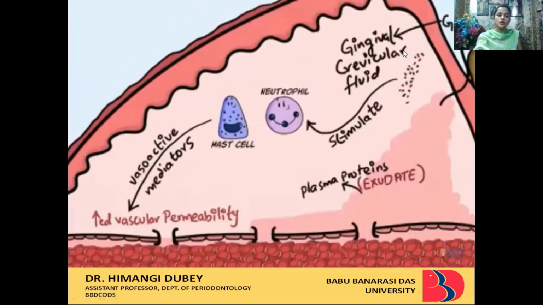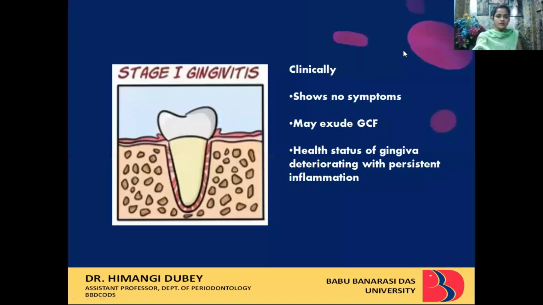Neutrophils also penetrate the epithelium. Clinically, this stage may not show any symptoms but may present with exudate of gingival crevicular fluid. Persisting inflammation may result in deterioration of the gingival health status and disease progression to the next stage of gingivitis.